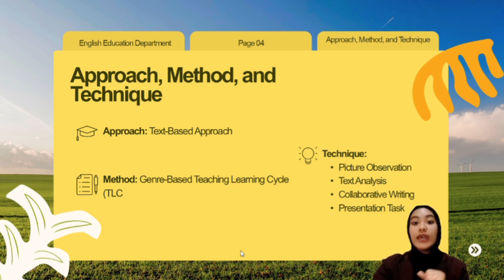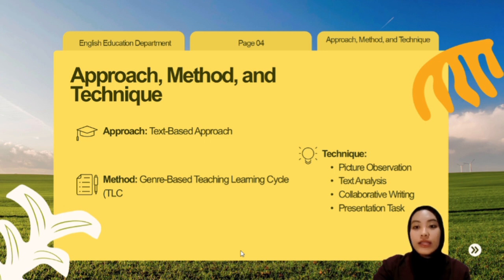And the second, the method used is genre-based teaching learning cycle, which provides a systematic process of teaching writing. This method helps students move gradually from understanding a text to producing their own text.